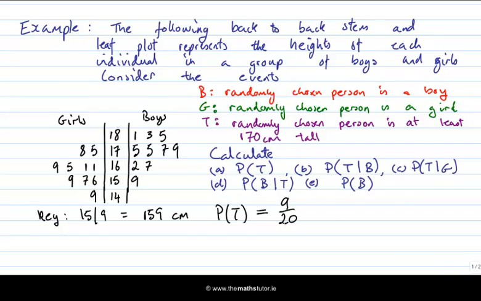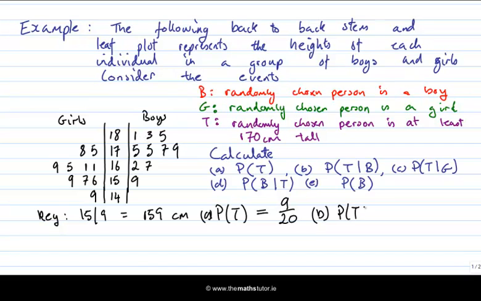So that was easy. So what about B here? Well, this asks for the probability that the person is at least 170 given that they're a boy. So now we're just looking at the boys. We can forget about the girls in this calculation. And so we calculate the number that have height at least 170. So we count them up: 1, 2, 3, 4, 5, 6, 7.